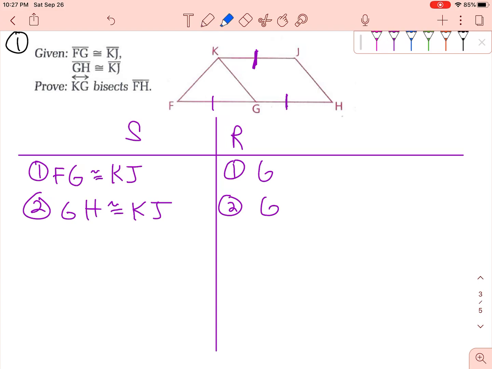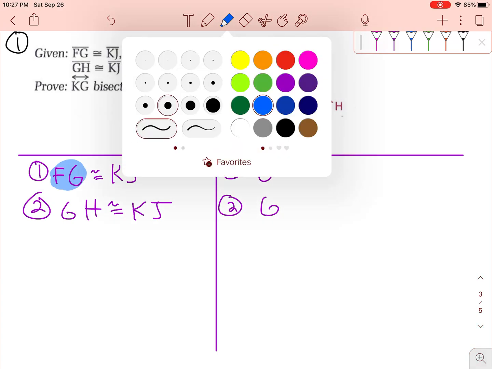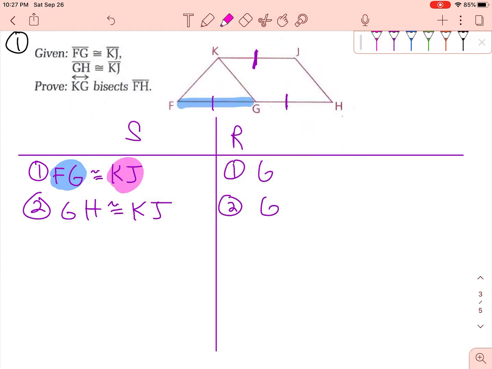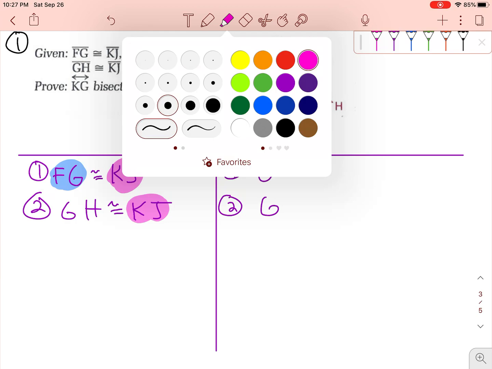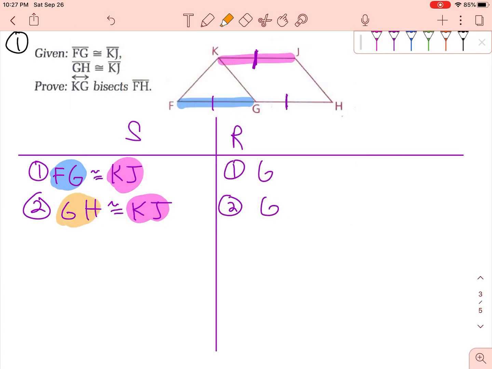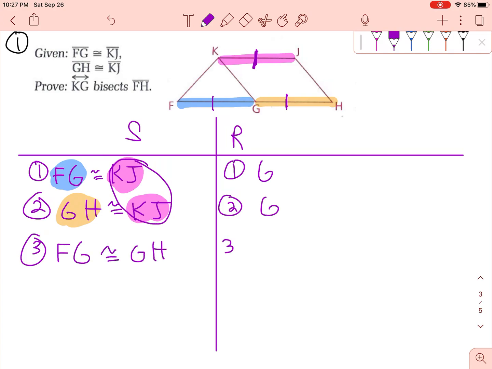Okay, I'm noticing some things here. And again, color is very helpful. So if you want to color the segments, this blue segment is equal to this pink segment. Then you also have the pink segment equal to the orange segment. Oh look, that means that FG has to be congruent to GH.